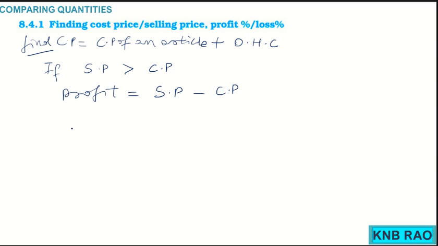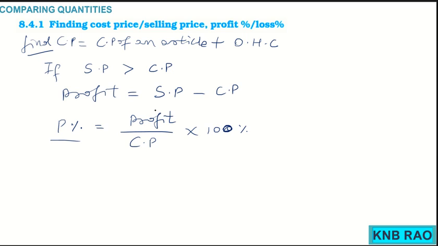And profit percentage is always calculated out of the investment, that is, cost price is our investment. So profit out of cost price into 100 percent gives the profit percentage.